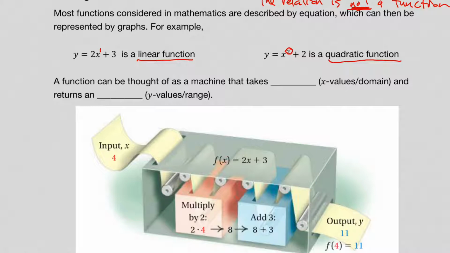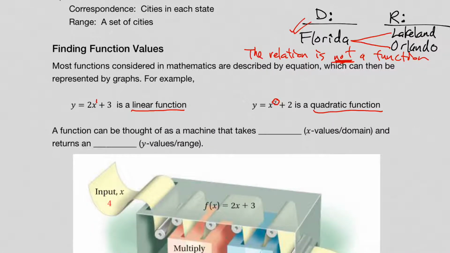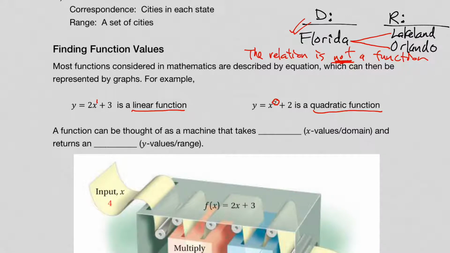Before we do this, I want to talk about how we connect what we just talked about in the first section with this section. Well, we introduced the words domain and range, and we said the domain is the first coordinate, or the first value, and the range would be the second value.